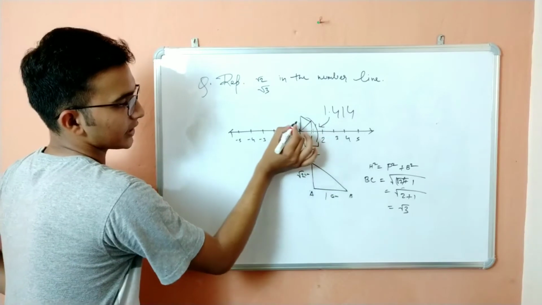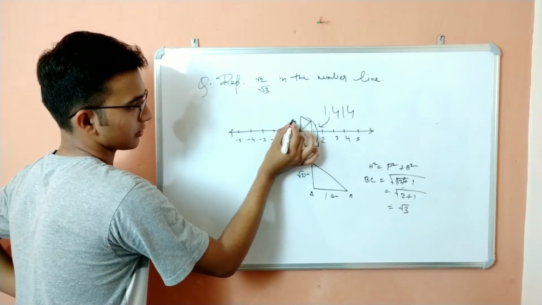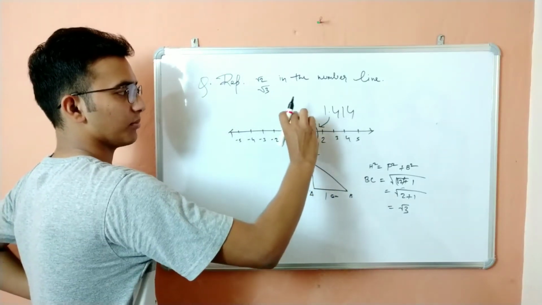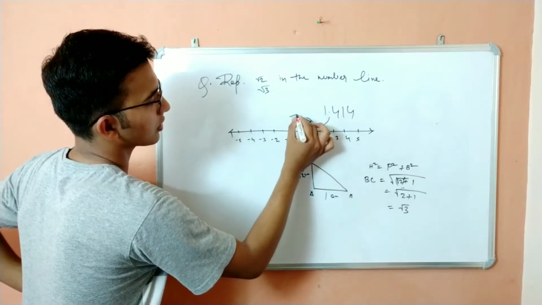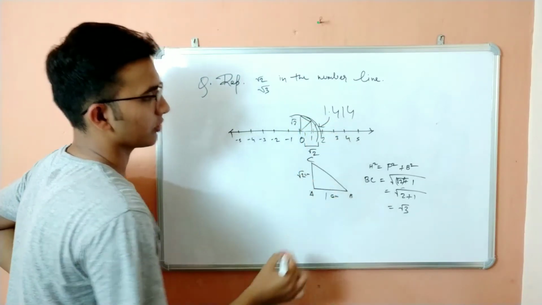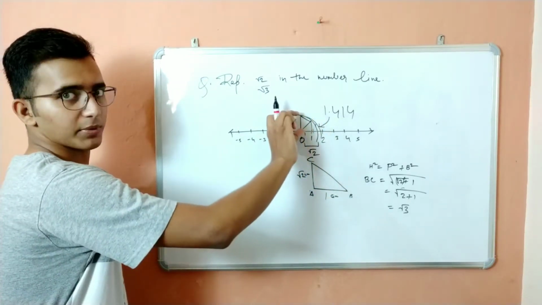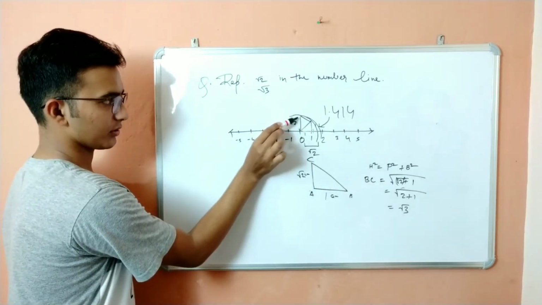Now what you will find is this measurement will be root 3. Now the same thing, take your compass, measure it and draw an arc, which will almost be over here. When you draw an arc, you have to measure this one. Pay attention. When you draw an arc, you have to measure this point, from here to here.